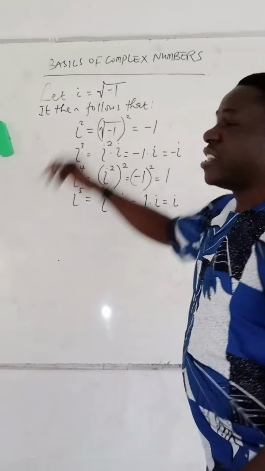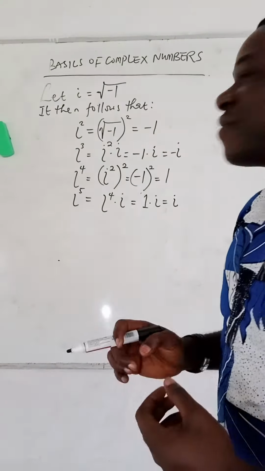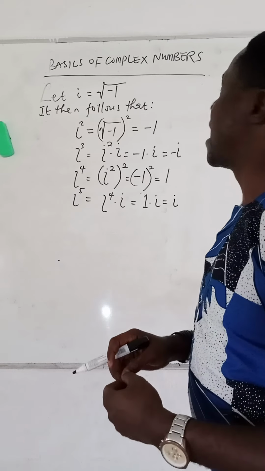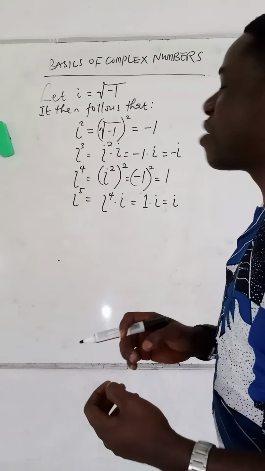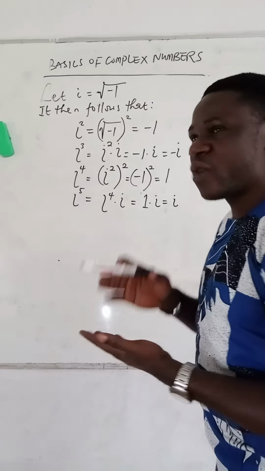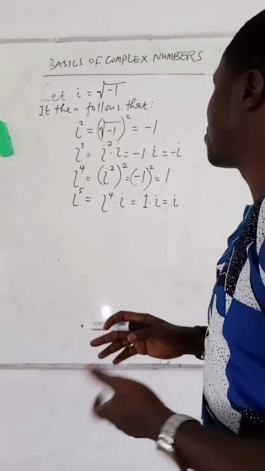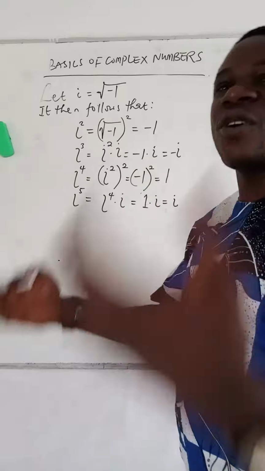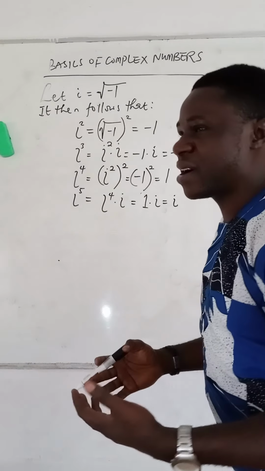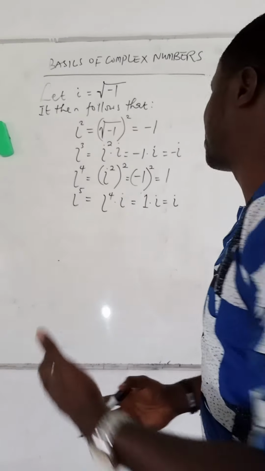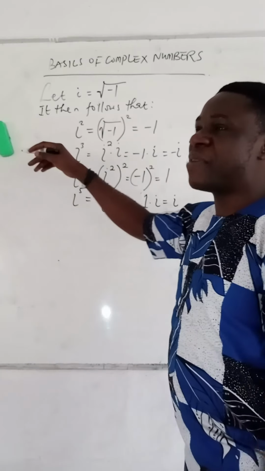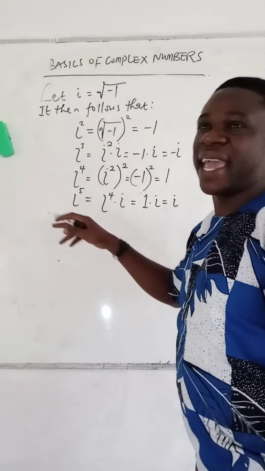So the square root of a negative number is a complex number. Now, how do we resolve the square root of a negative number, or how do we resolve a complex number? It's by representing the complex number with i.